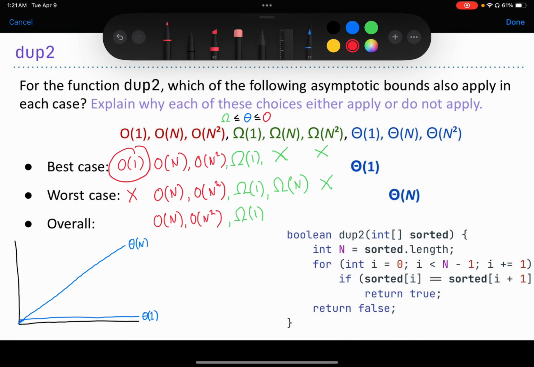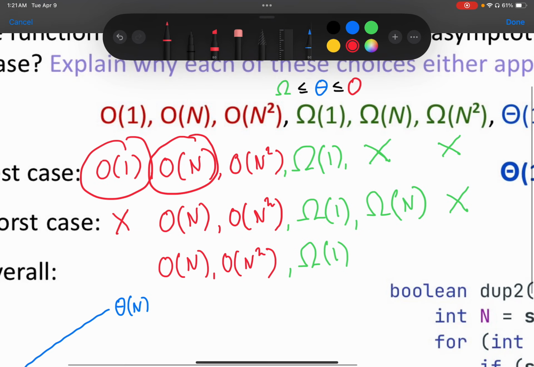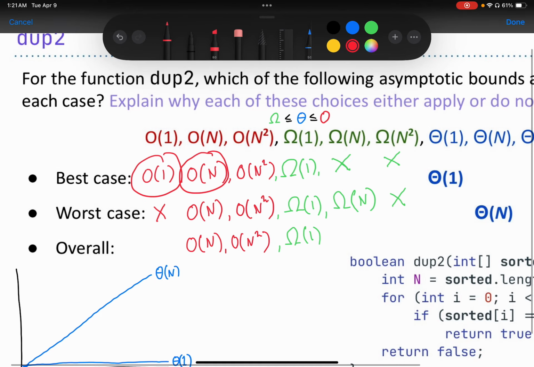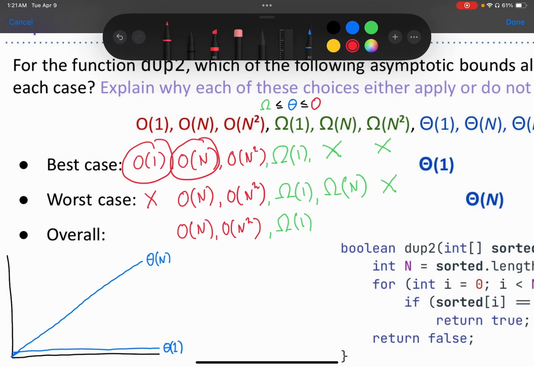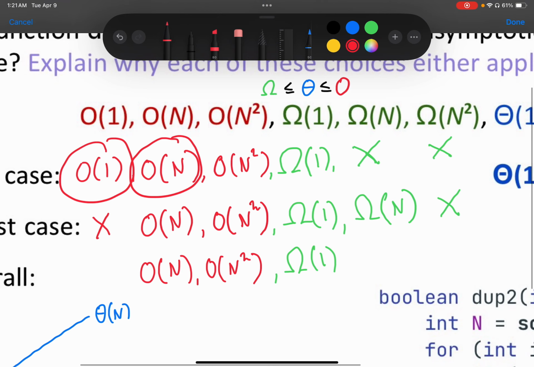We also know that theta 1 is less than big O of n. So that case is also true. And we also know that theta 1 is less than big O of n squared. So that case applies as well.